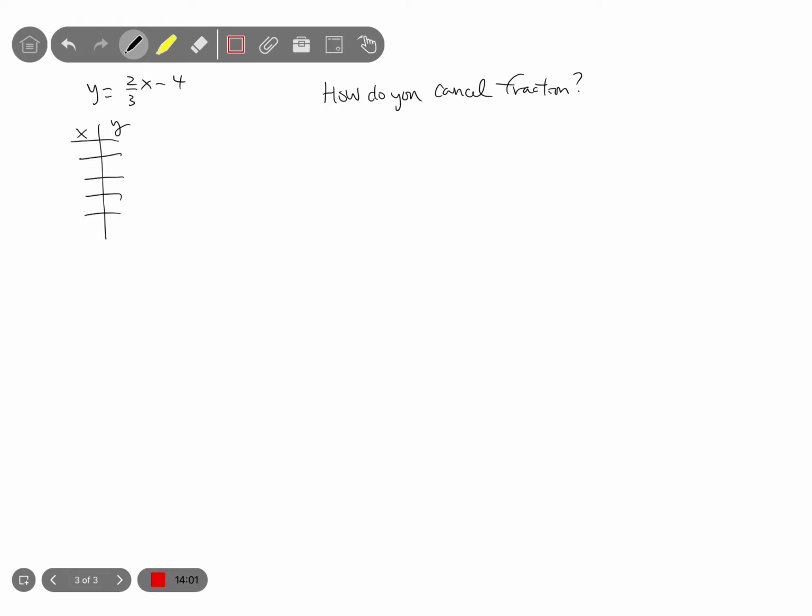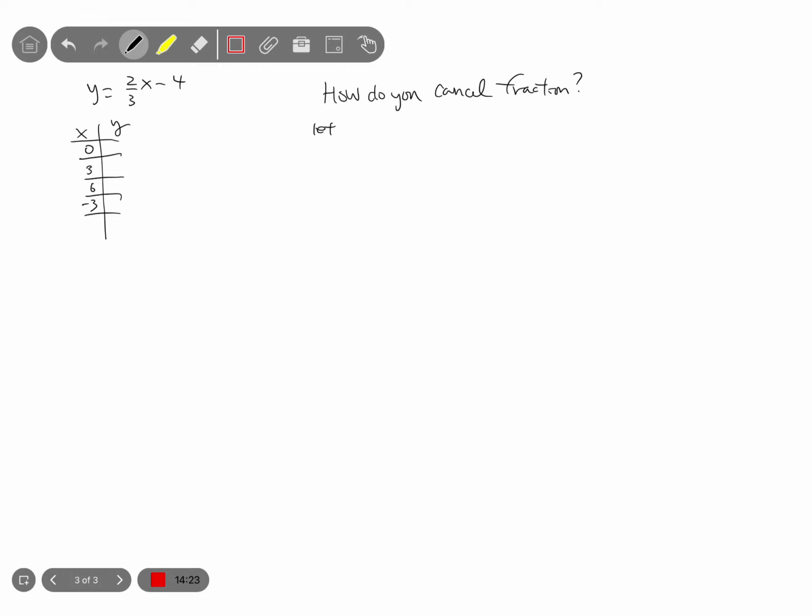Notice 2/3 has a denominator of 3, which means I need numbers that are multiples of 3, which means I should be picking 0, I should be picking 3, or 6, or negative 3 is okay, as long as it's a multiple of 3. So let's go ahead and try this out.